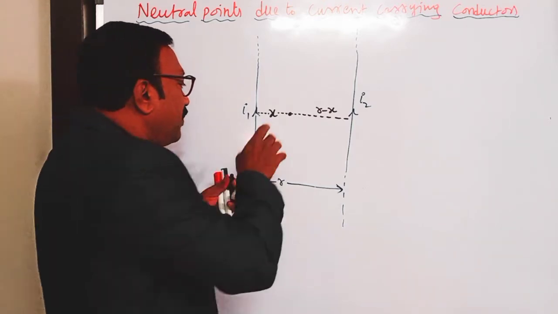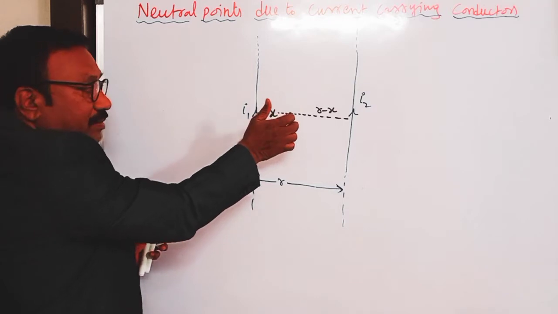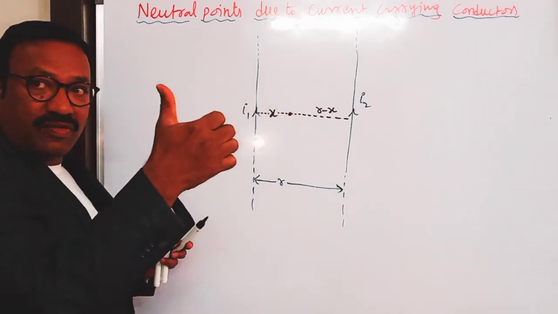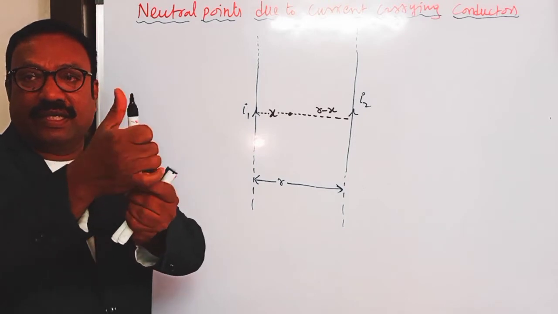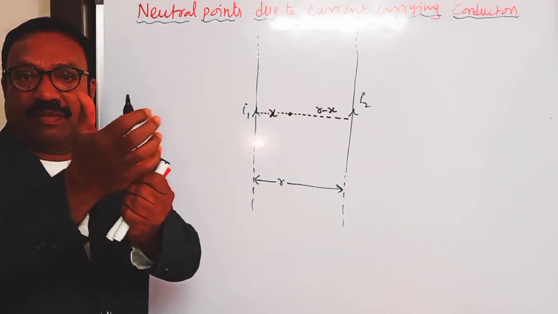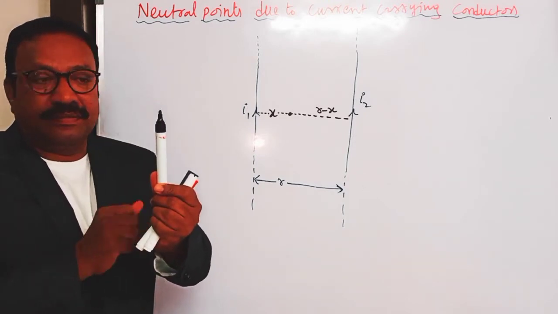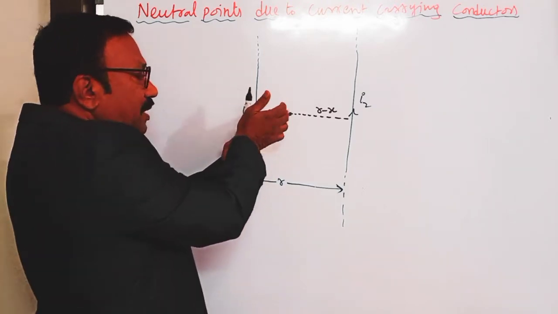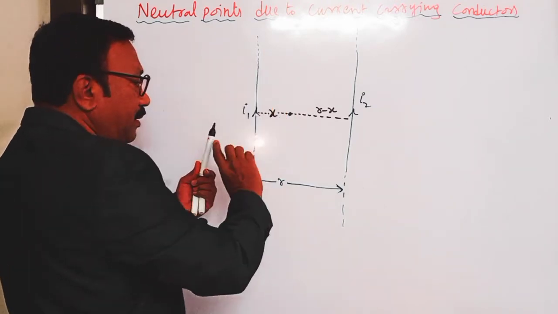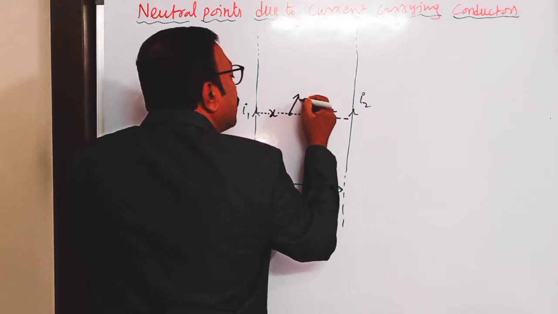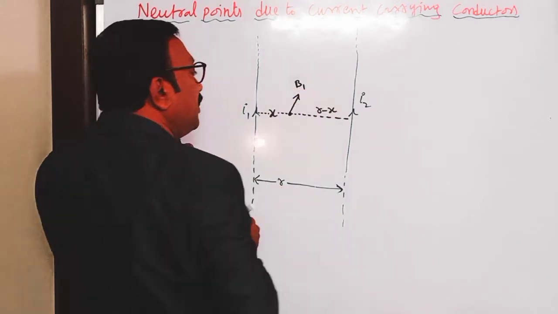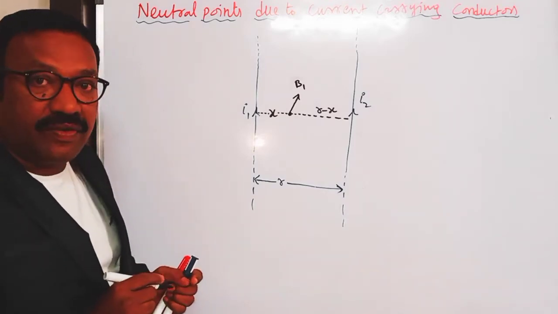So here the first conductor will produce a magnetic field. Direction of magnetic field is decided by this rule. This indicates the direction of current and this will indicate the direction of magnetic field. So therefore the magnetic field is inward due to this conductor. Inward means I'll take like this. This is called B1.